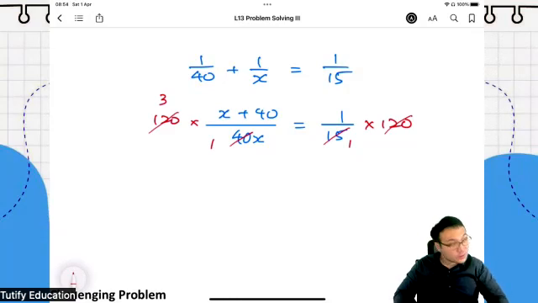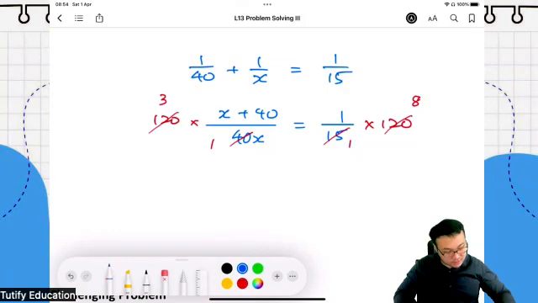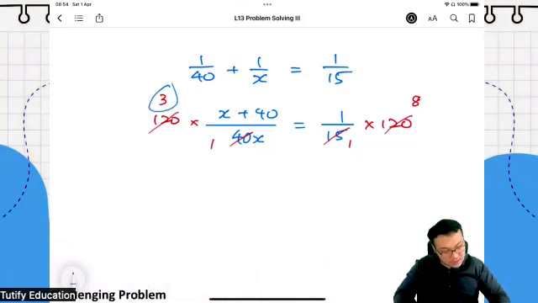Divide by 15, you get 8. So now what do I have? 3 times this. Can you tell me what's 3 times x? 3x. 3 times 40 is 120. 8 times 1 is 8.